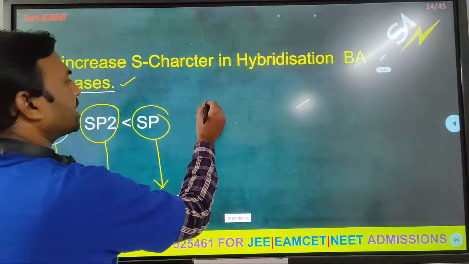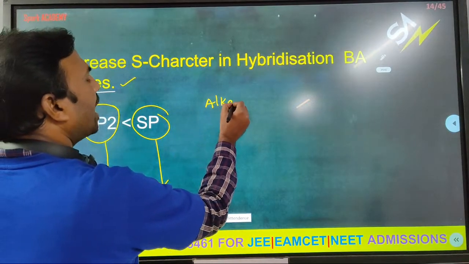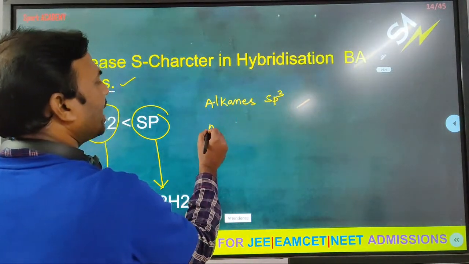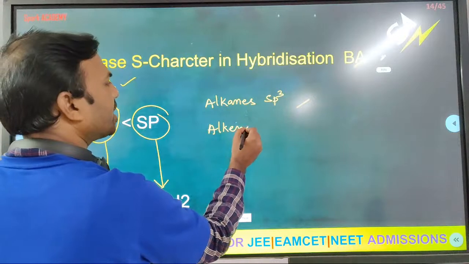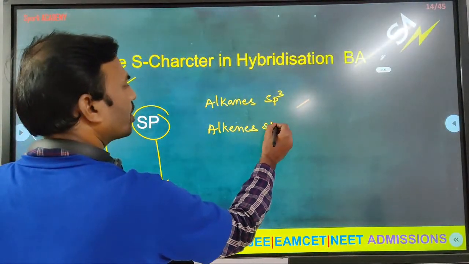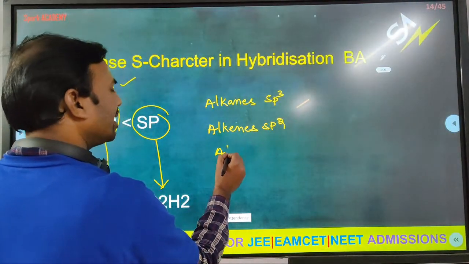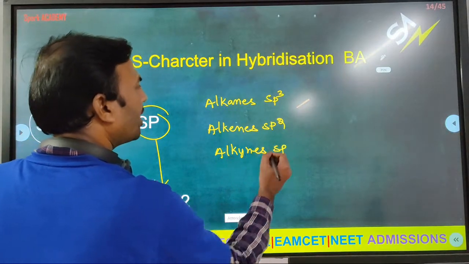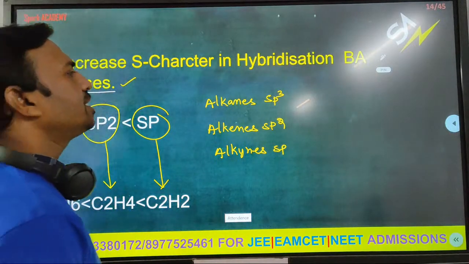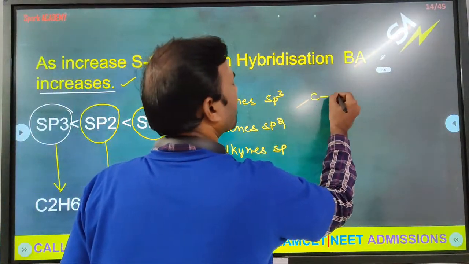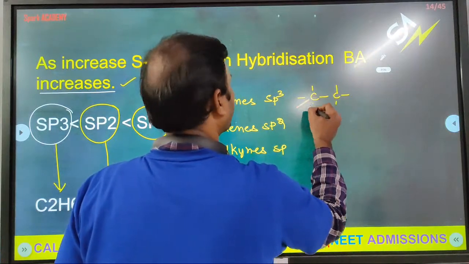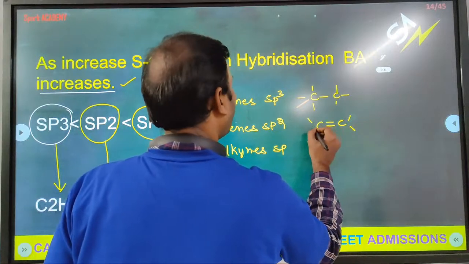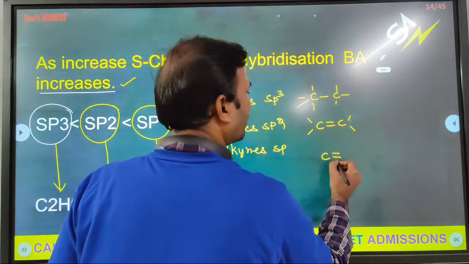C2H6 is an alkane. Alkanes have sp3 hybridization. Alkenes have sp2 hybridization. Alkynes have sp hybridization. For example, alkane is given here, C2H6. Alkenes have a carbon-carbon double bond. Alkynes have a carbon-carbon triple bond.